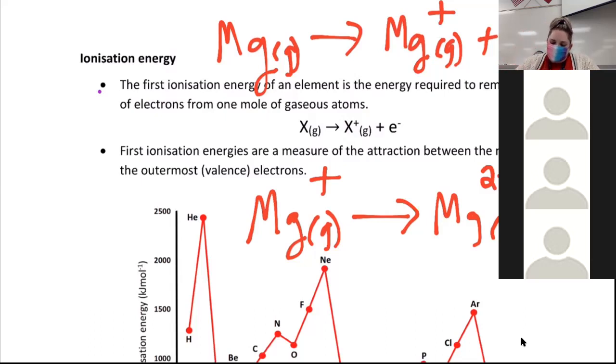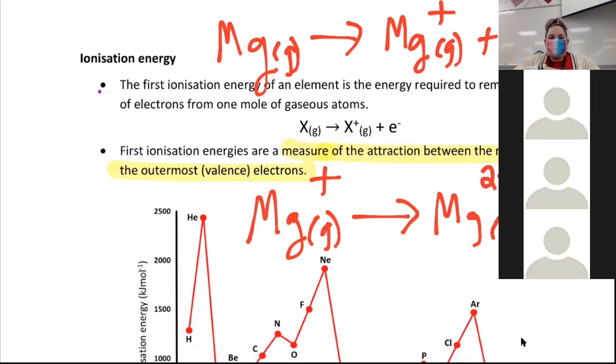The next bullet just says what they're measuring, okay? They're a measure of the attraction between the nucleus and the outermost, or valence, electrons. So this directly relates back to our other trends: the size, the atomic radius, the nuclear charge, and the shielding.